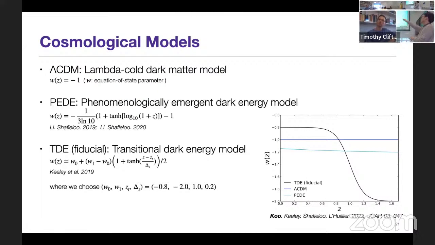I'm going to choose the transitional dark energy model as the fiducial model and generate the mock realization from that fiducial. And I'll perform two different model selection methods and compare the results. You can see that these three models show different, distinguishable equations of state.